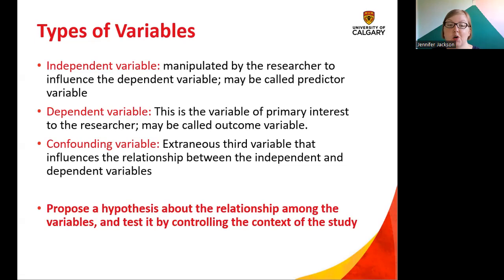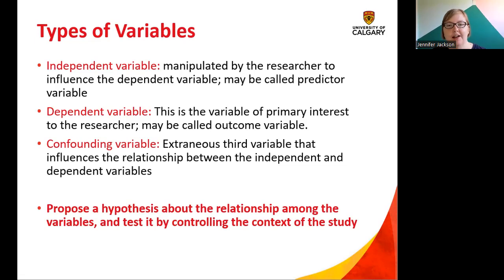You can also have a non-directional hypothesis. So maybe resilience is associated with higher levels of social contact among students. So we're not necessarily sure whether higher resilience leads to higher social contact or if higher social contact leads to resilience. We don't know quite which way those concepts connect, but we're going to test to see.